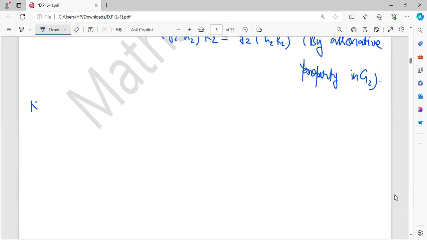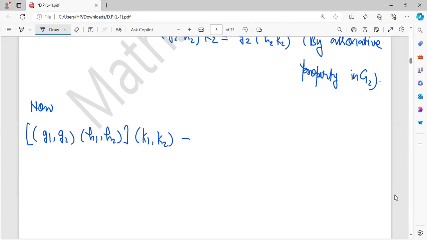Now, ((g1, g2)(h1, h2))(k1, k2) is equal to. Now, what is this?